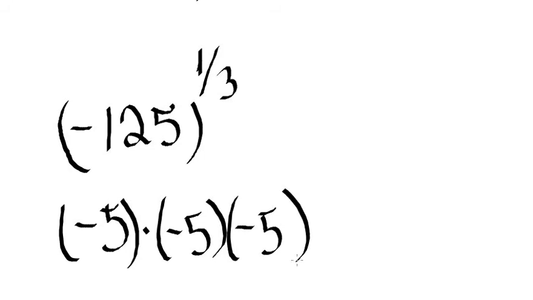So you see negative 5 times negative 5 times negative 5 is negative 125. Notice we're doing it 3 times here. So that's equal to negative 5.